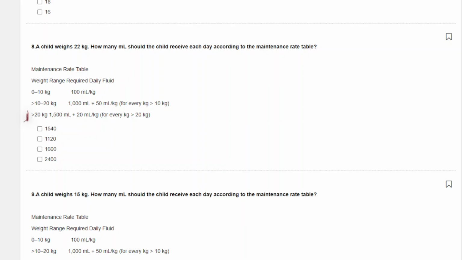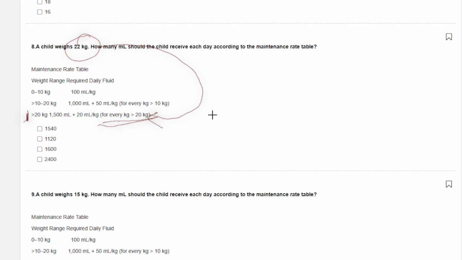No. This is a rule right there. You're gonna do 20 milliliter not for every kilogram, but only for a kilogram that goes above 20. So if that person weighs 22 kilograms, how many kilograms go above 20? So I'm gonna use 2 kilograms. To solve this problem, get your weight in kilogram, minus whatever is there, which is 20.